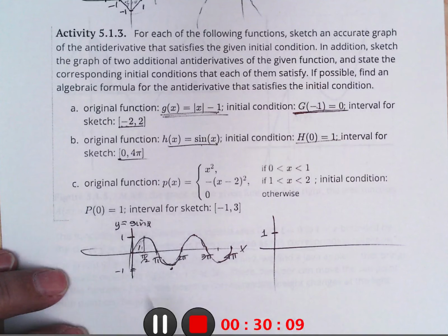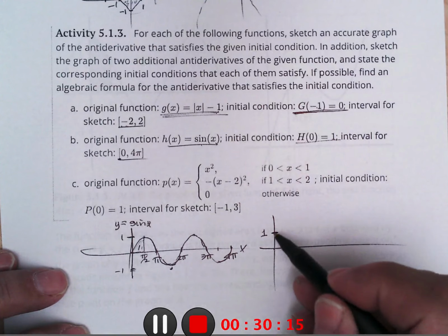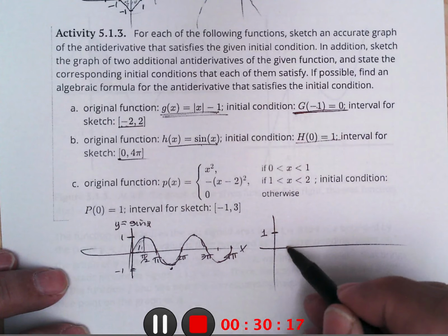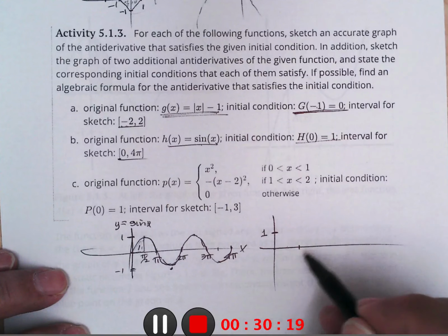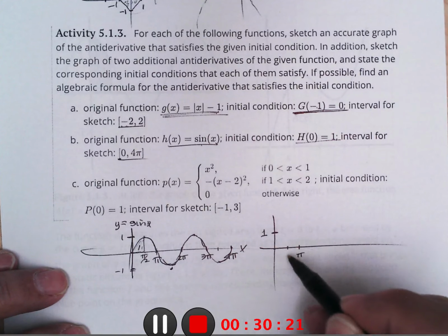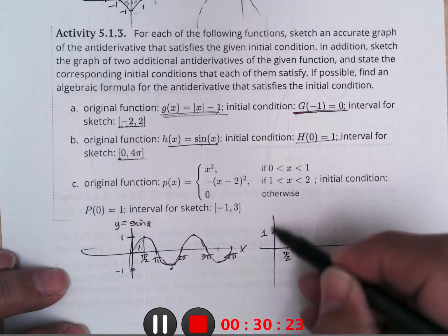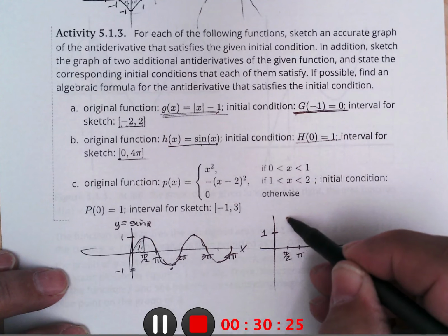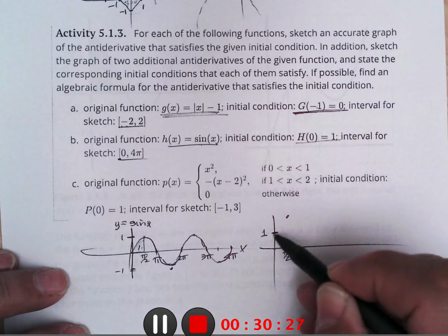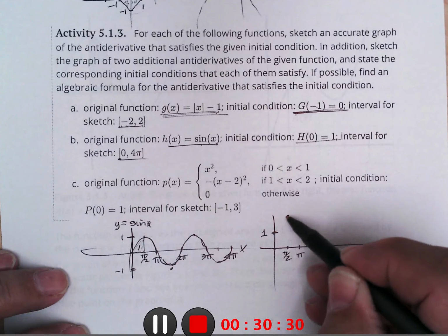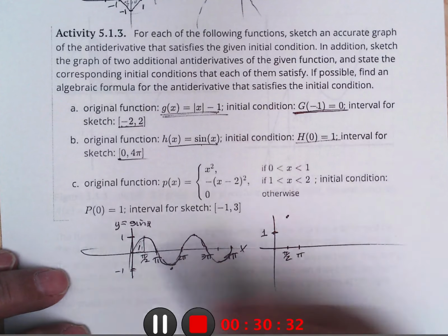Then I'll show you why it's 1 in just a sec. But it's 1. So from 0 to pi over 2, it goes up 1, which would take us to about there. So we go from 1 to there. And this is positive slope, so it's concave up.